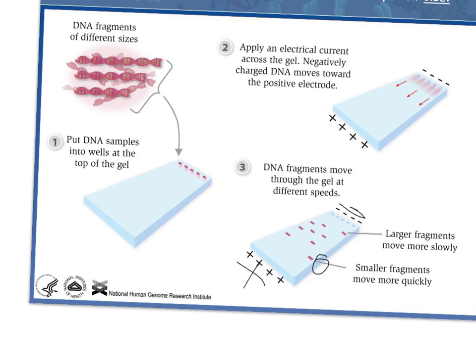You let it run for a certain amount of time, then stop it and you get a gel with 2 different fragments, one for each parent, and that's your fingerprint for that one area.